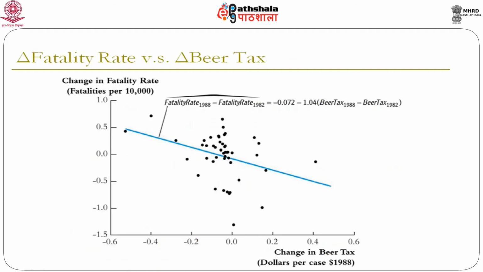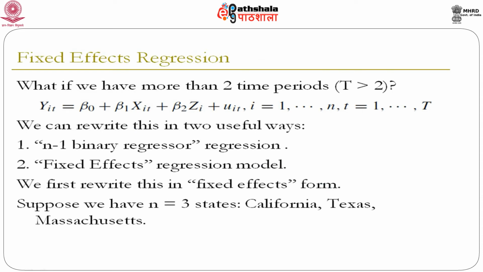You can also see the plot of the difference in the fatality rate after running the regression. You can find that there is a declining relationship between the change in fatality rate and the change in taxes. So, what if we have more than 2 periods?